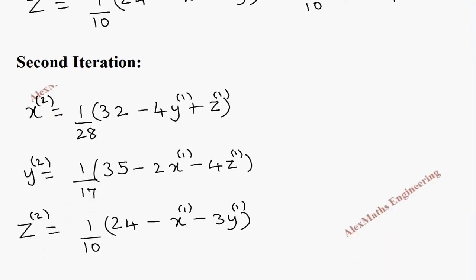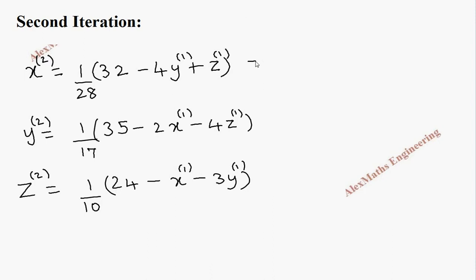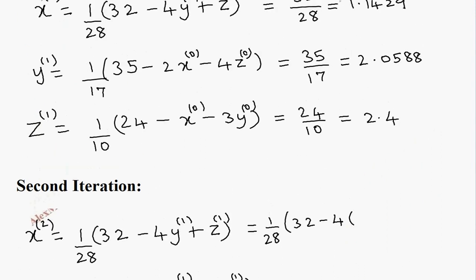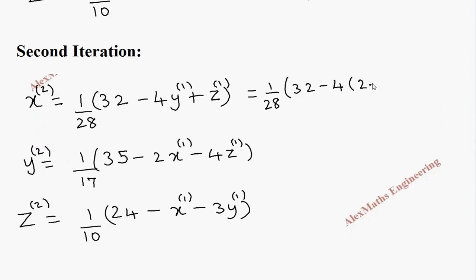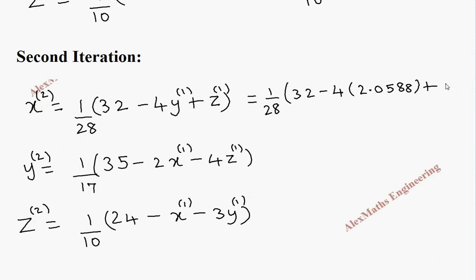So here when I substitute, this value will be 1 by 28 bracket open 32 minus 4 into y of 1, whose value is 2.0588, plus z of 1, which is 2.4.